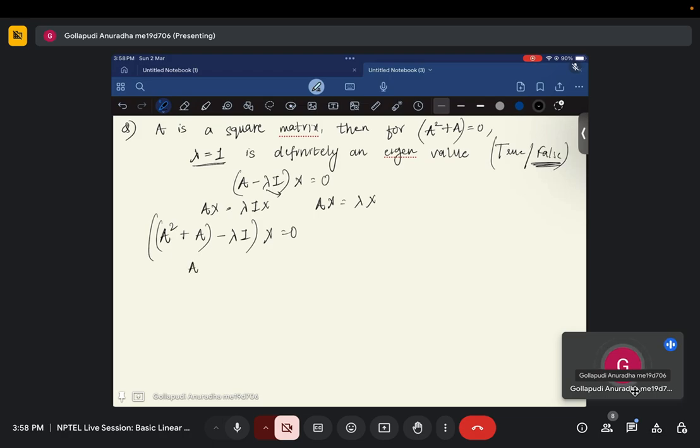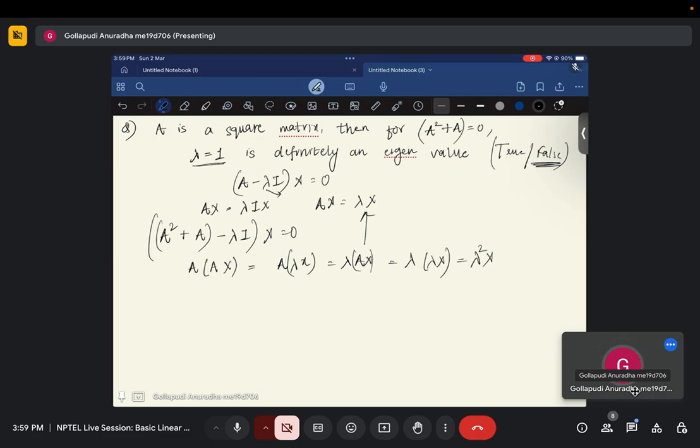I can write it this way. Lambda is a scalar, so I can get it out. And this we saw is lambda x again from here. So lambda into lambda x, which means lambda square x.